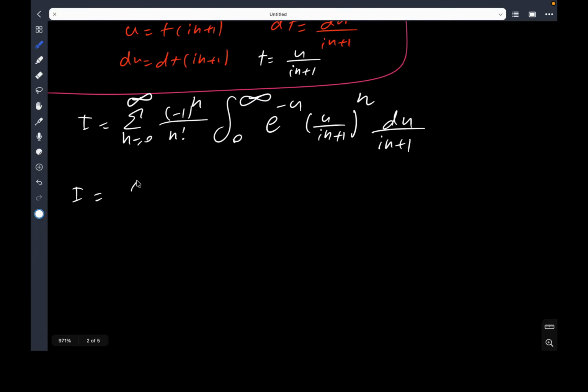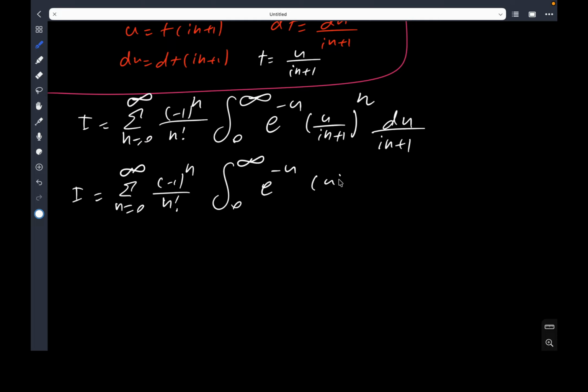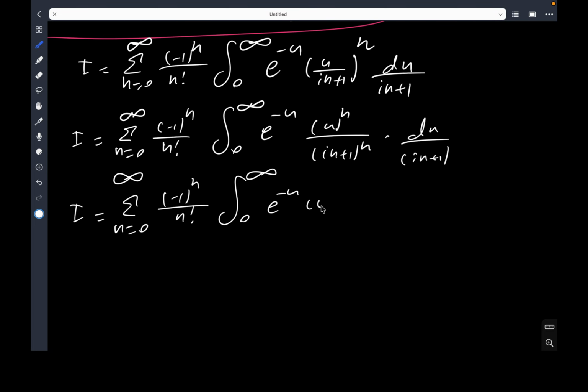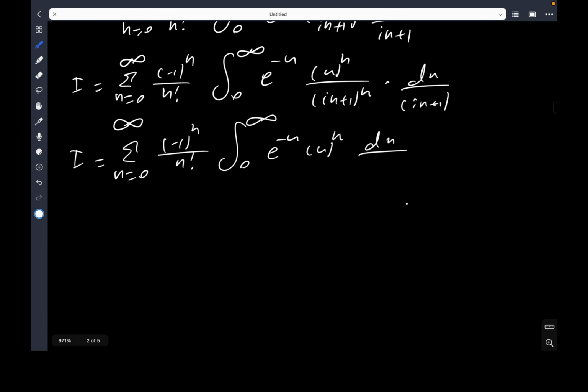Thus I equals the infinite sum from 0 to infinity, and my integral would be e to the negative u, u to the n over (n plus 1) to the n times du over (n plus 1). I can sum up these two powers here, so I'm gonna write it again: du over (n plus 1) to the n plus 1.